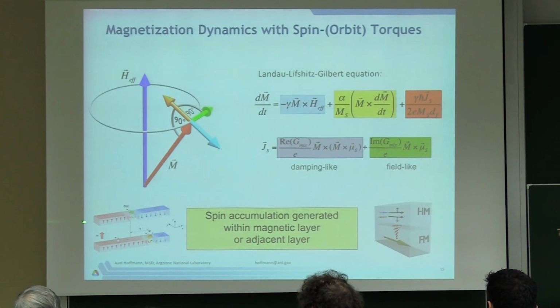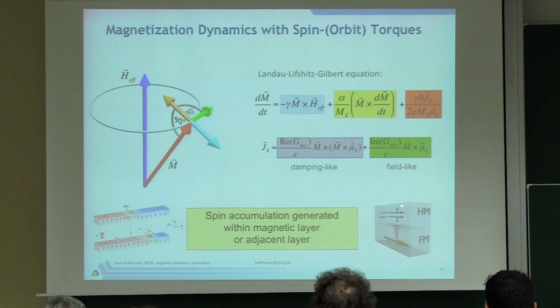You can pass a current through your magnetic structure, which generates some of these torques that act on the magnetization, or, and in this context it's even more important, you can take a material where spin-orbit interactions give rise to a spin current perpendicular to the interface with this material, and the spin accumulation that you drive into the ferromagnet gives rise to a torque. This mechanism is actually very, very efficient.